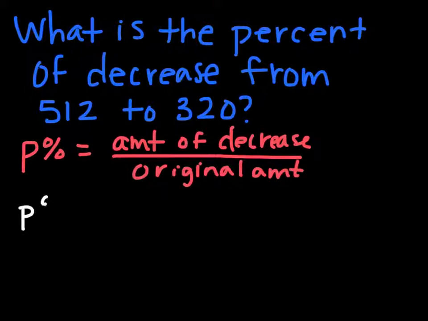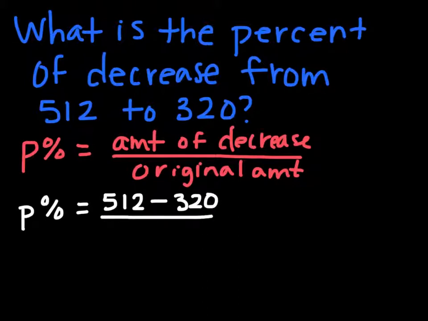Our percent of decrease then will equal our original number minus our new number to find our difference or our amount of decrease, and our original amount goes in our denominator. 512 minus 320 gives us 192 over 512.